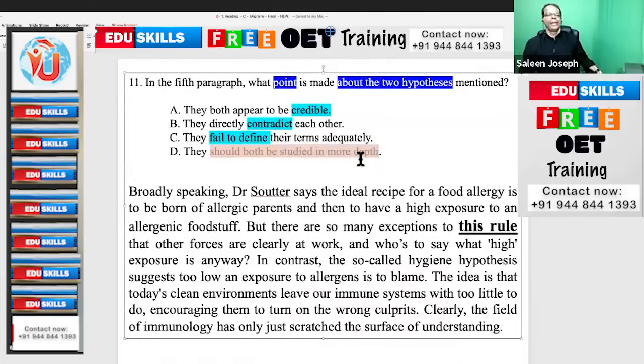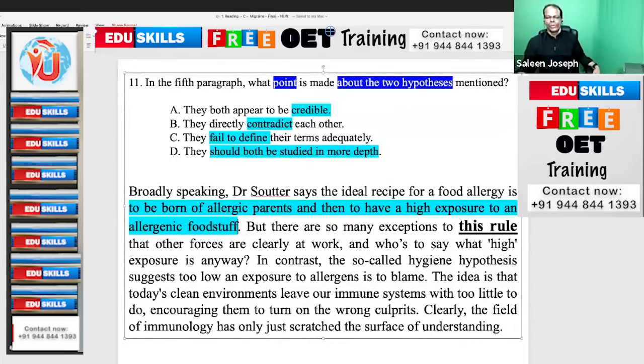Means you need to study more. So what does the paragraph say about the two hypotheses? Now, it says the ideal recipe for a food allergy is to be born of allergic parents and then to have a high exposure to an allergenic foodstuff. One hypothesis.